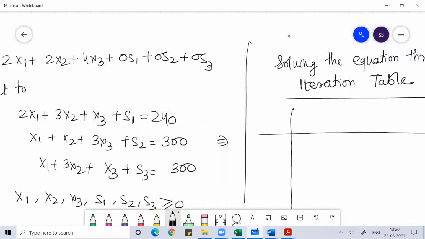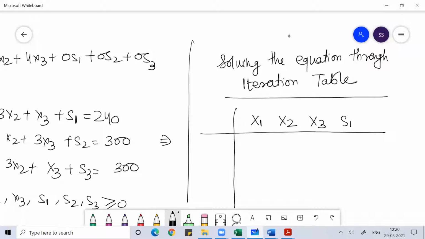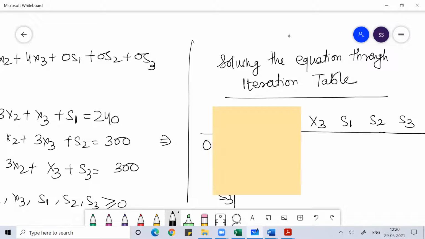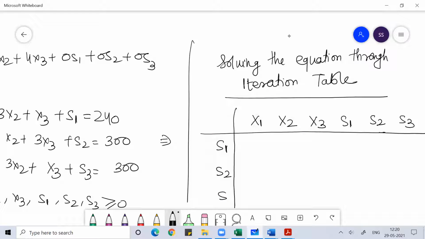So in the iteration table, we'll write x1, x2, x3, and then s1, s2, s3. Here we'll write s1, s2, s3 with 0, 0, 0.